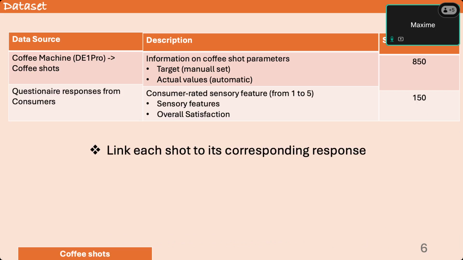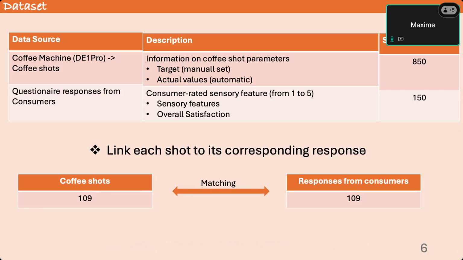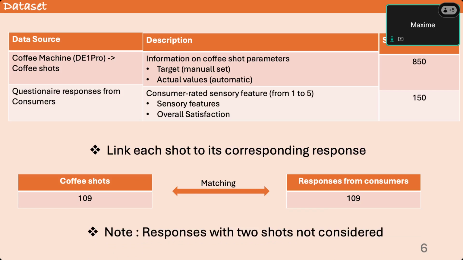When we did this matching, we got 109 shots that correspond to 109 responses. Some responses had 2 shots, so we did not consider those. We only take the one-to-one matching for our analysis.